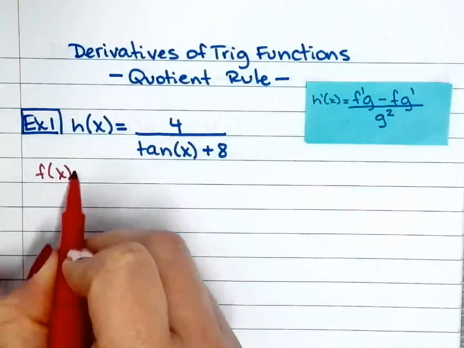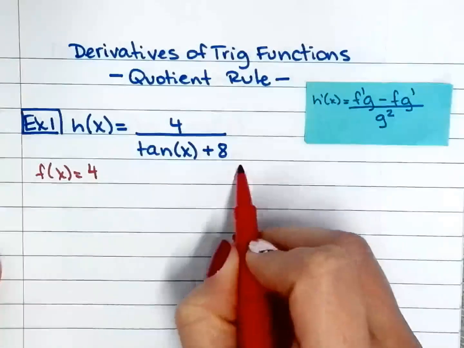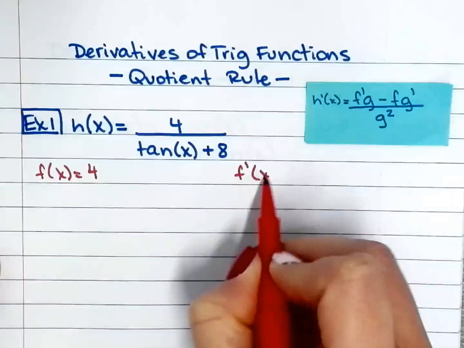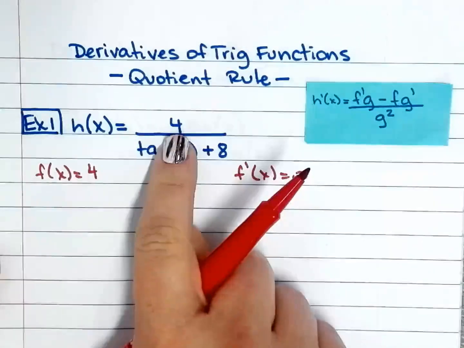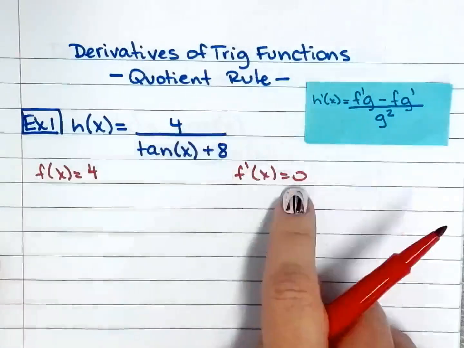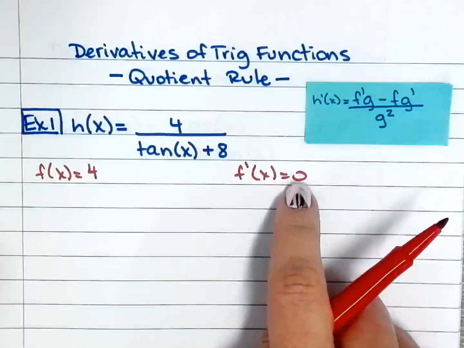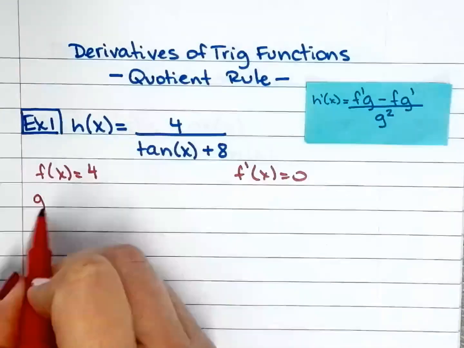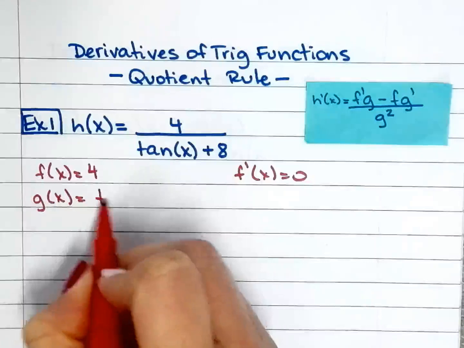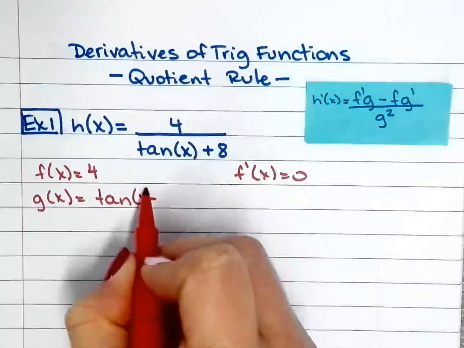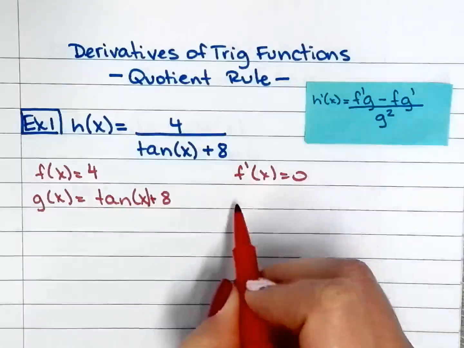So we're going to name f of x is 4. F prime x is 0, because I know the derivative of a constant, any constant really, is 0. So the g function will be tangent x plus 8.